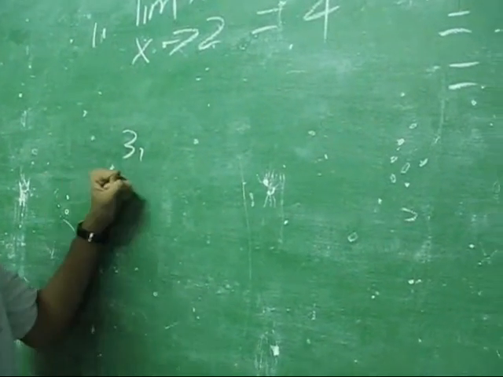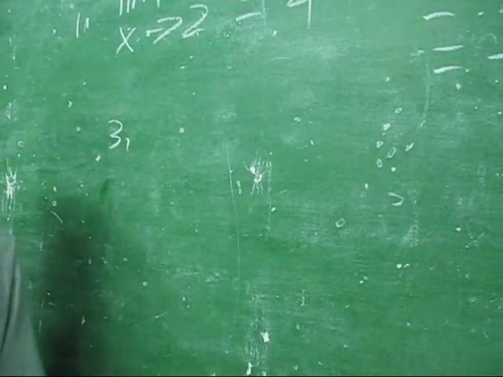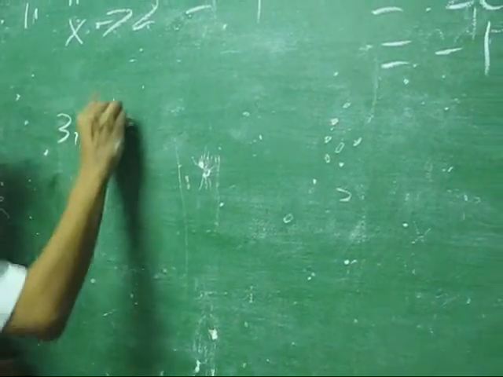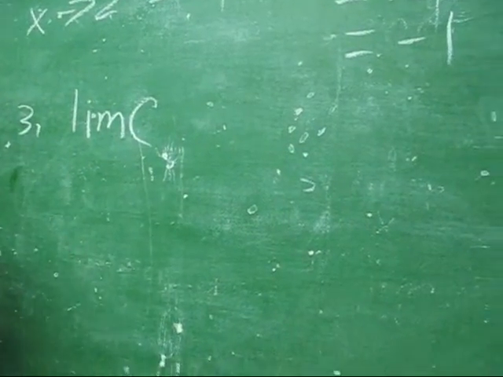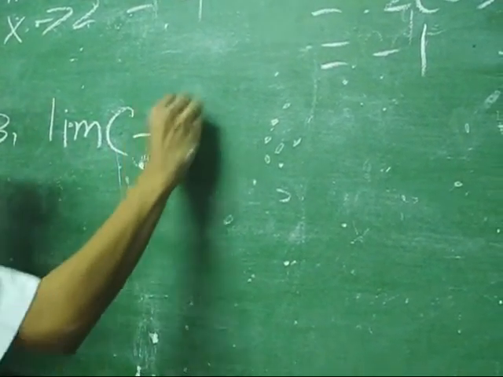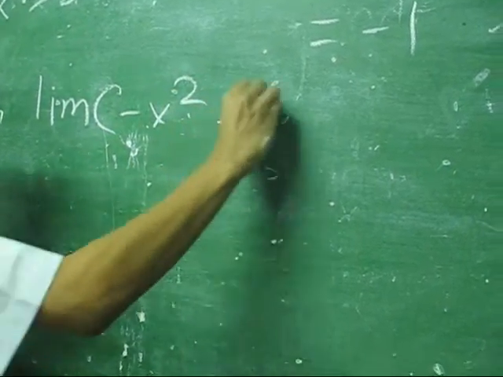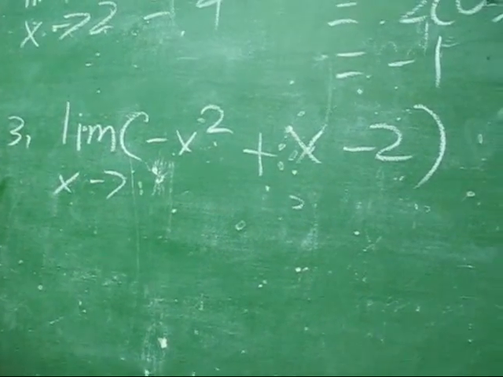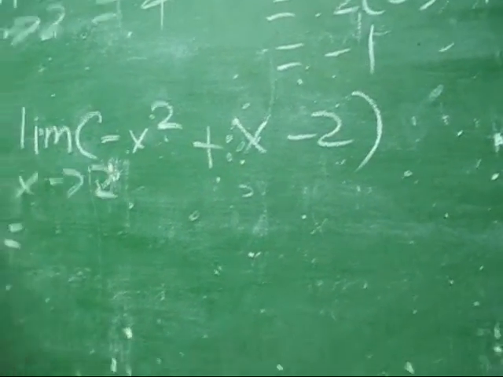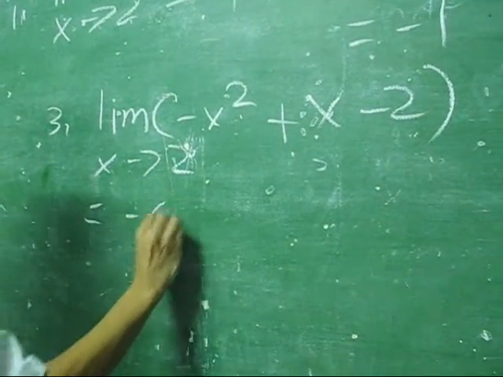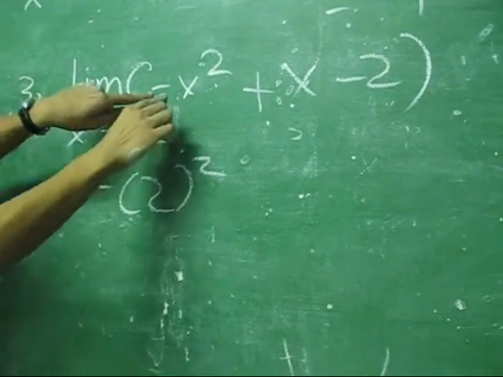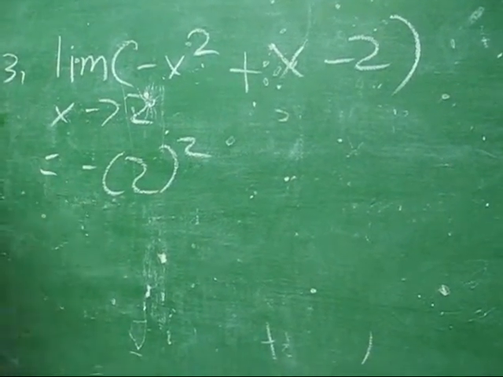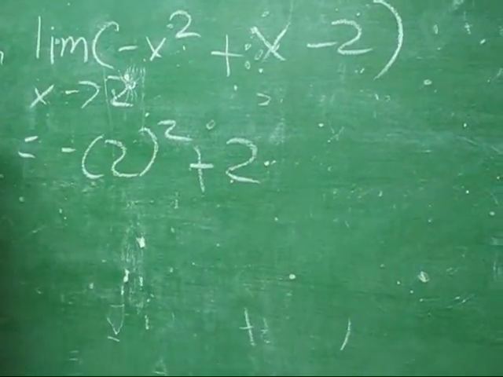We'll give another example. This is for our third property. Let us give limit of negative x squared plus x minus 2 as x approaches 2. It will be equal to negative 2 squared, because of our negative here, so it will be negative, plus 2 minus 2.